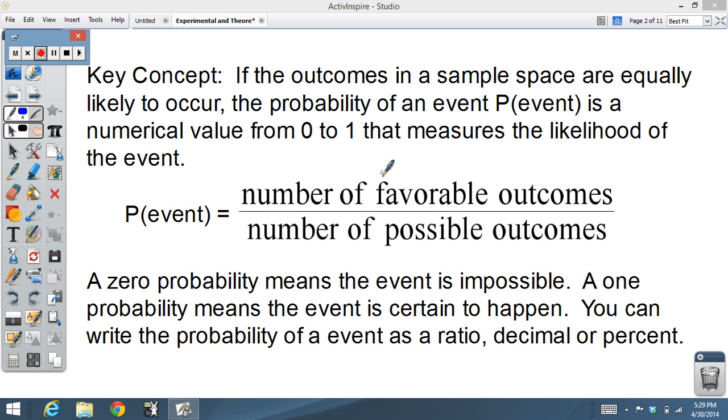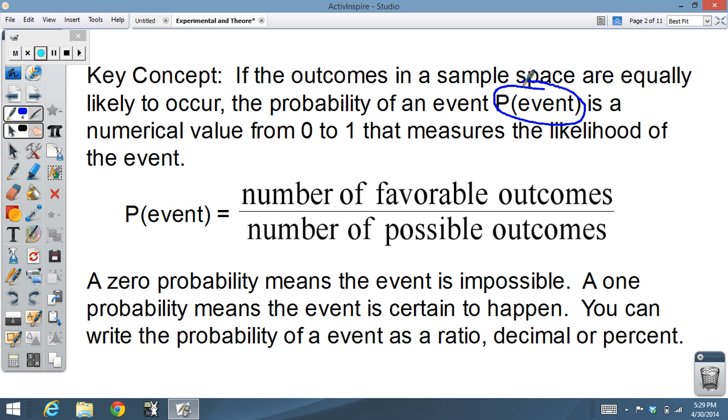If the outcomes in a sample space are equally likely to occur, then the probability of an event, which we write this way, probability of an event with the little parentheses on them, we give it some numerical value between 0 and 1, and it measures the likelihood of the event. And the way we do it, we check the number of favorable outcomes, or what you want to happen.